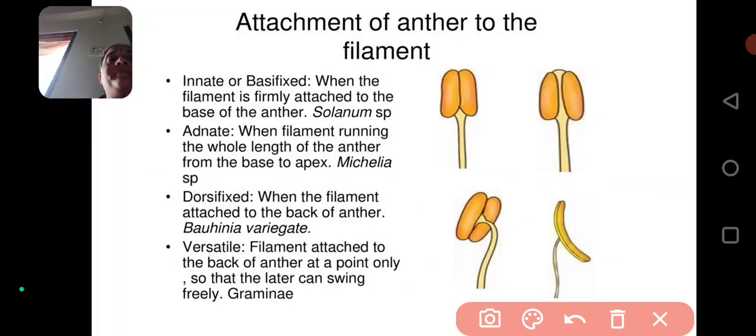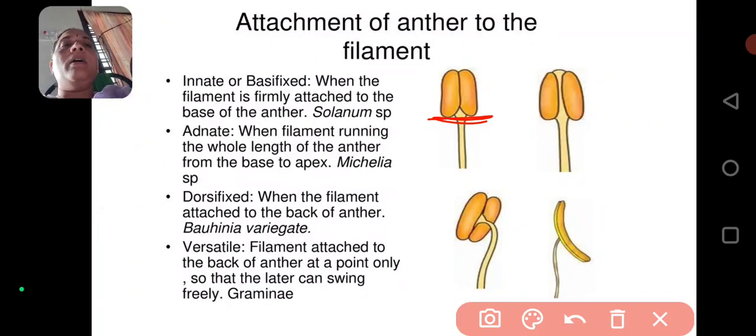Okay, so basifixed means the filament attached at the base of the anther is called as basifixed. Next one is adnate. Filament running through the whole length of the anther.